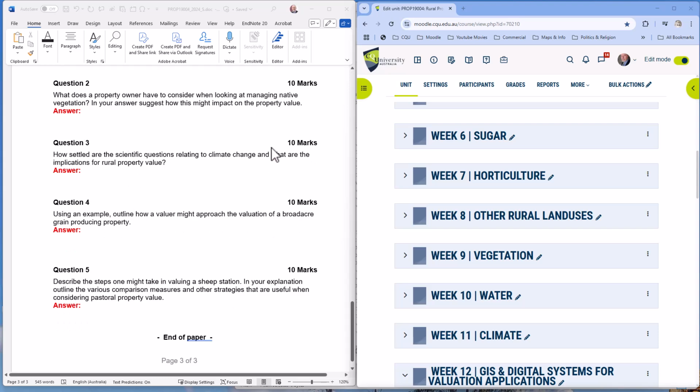Question 3 talks about climate change and its relevance to rural property value. Okay, a general question in this case, could be more specific perhaps, but here you have a fairly open hand to looking at the question of climate change and its impact on rural value. As we're moving forward, perhaps with major changes to the grazing industry, but perhaps in other areas as well, things like the prospects of how could you make farm machinery battery operated, for instance, come to mind, and there will be others as well.